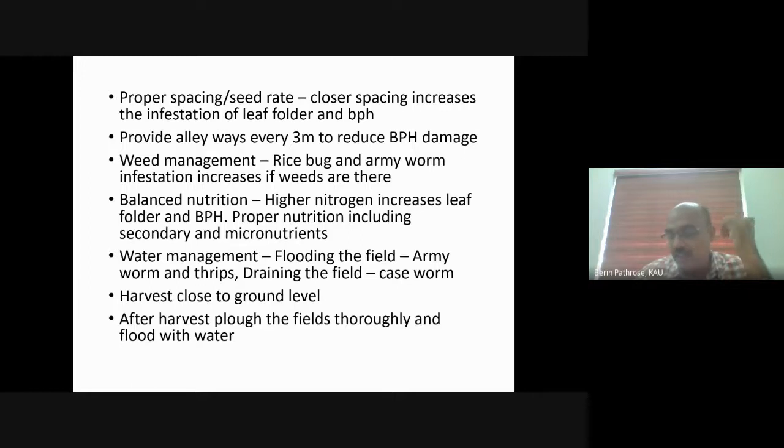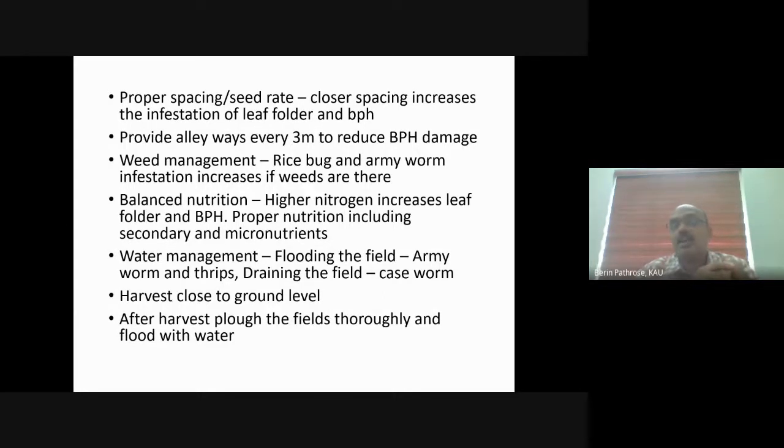That is very critical. We have discussed water management. Certain pests can be managed by flooding, but certain pests can be managed by draining the field. Flooding will help to manage armyworm, draining will help to manage caseworm, etc. Then harvesting close to the ground level, that we have discussed in the case of stem borer, because that will help to remove the pupae or larval stages of stem borer remaining in the stubbles.